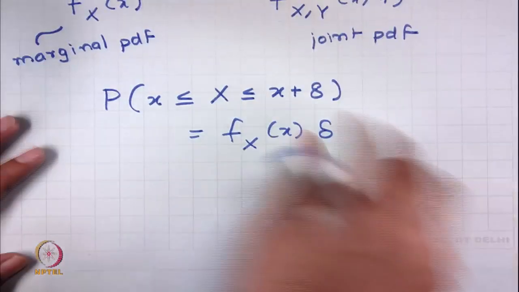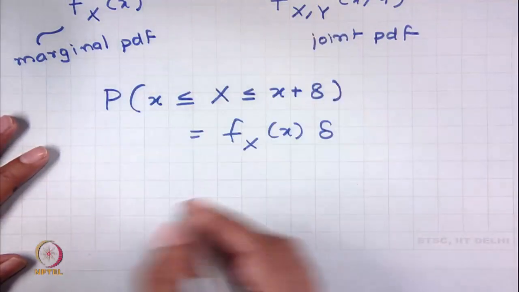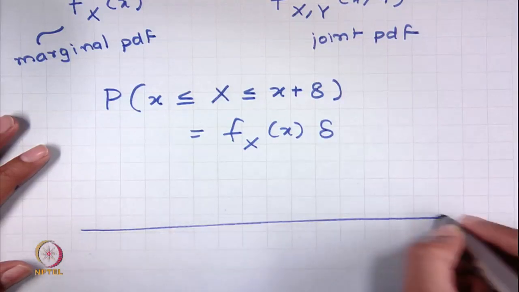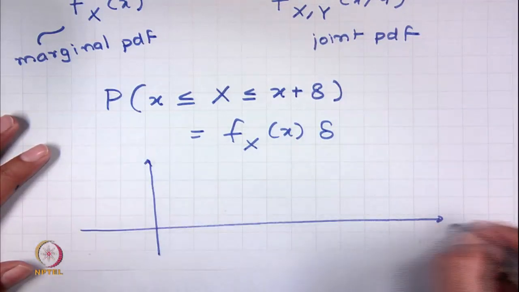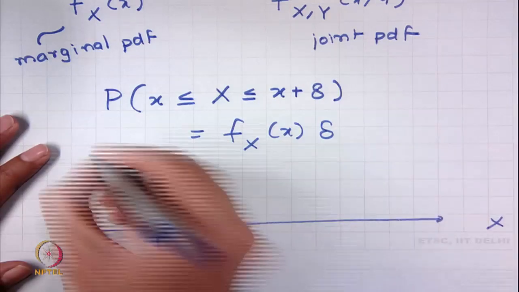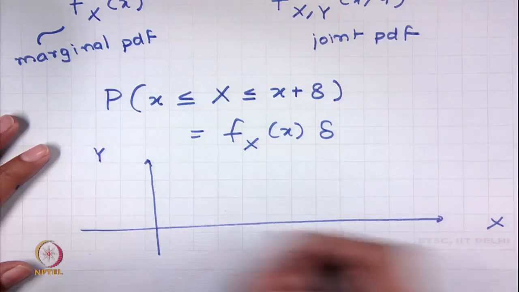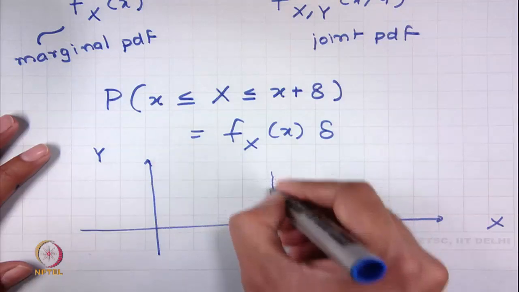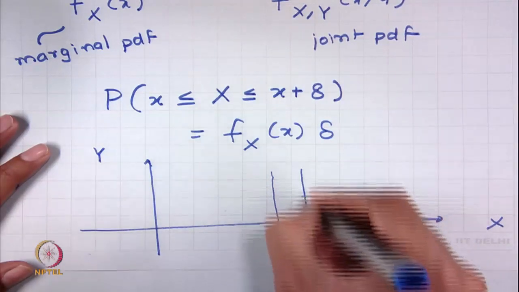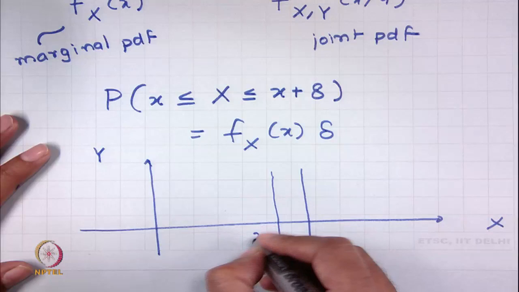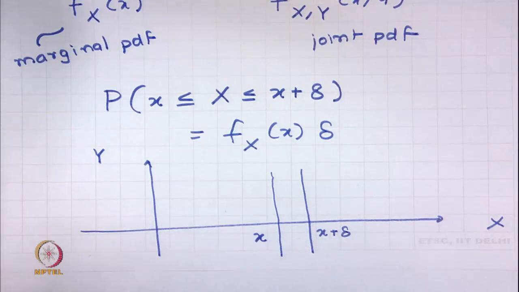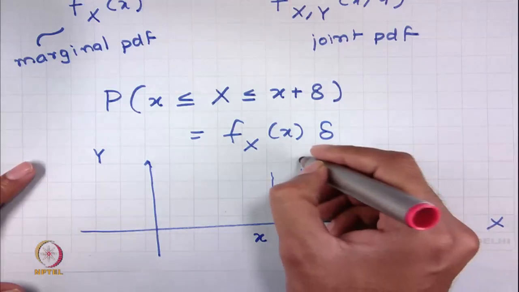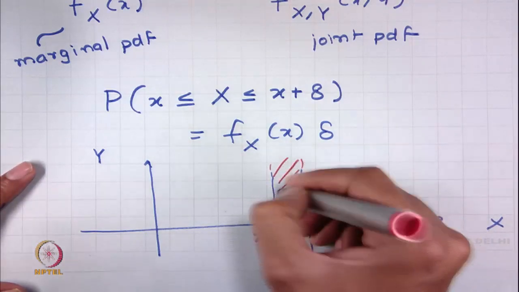So, if I am thinking about these probabilities in terms of the joint PDF, so if I have two random variables, let us say x and y, and I am trying to think what is the probability that x lies between x and x plus delta. As you can see, this probability will be this region.